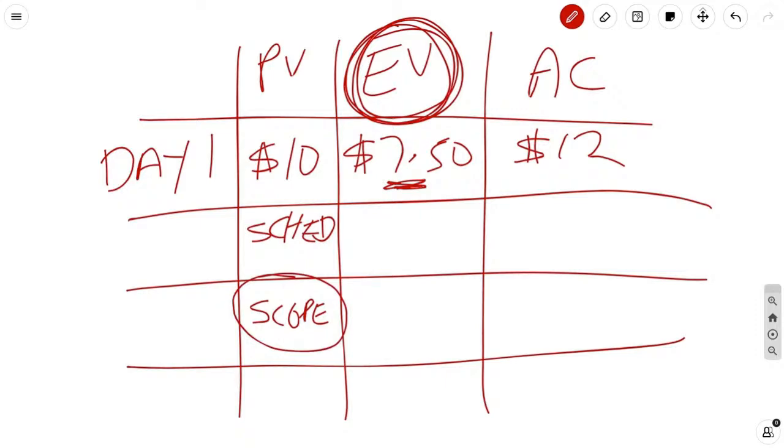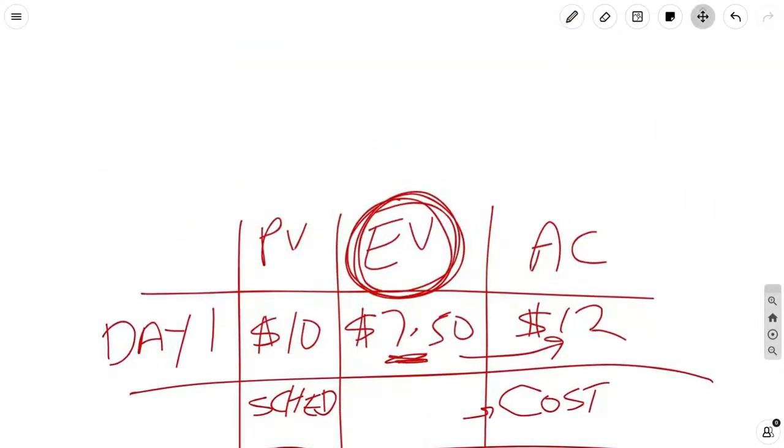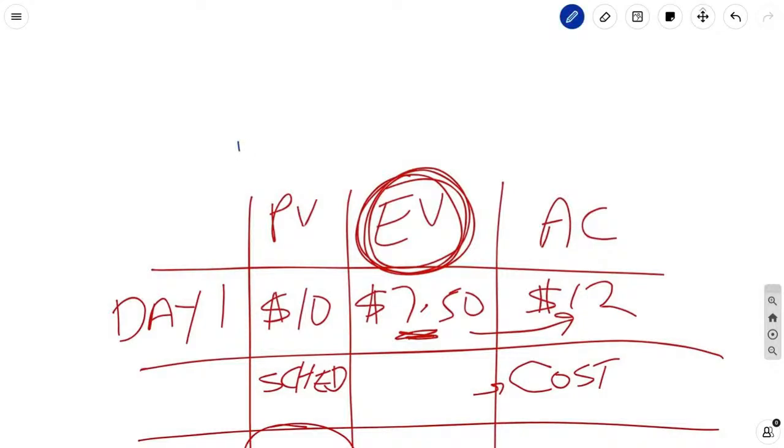Now, when you look at the actual cost, from a cost perspective, when you compare this to this, you can tell, wow, I got $7.50 of work, but I spent $12. So right off the bat, just using common sense, remember the metrics, planned, let's use this for planned, this is for done, and this is for spent.